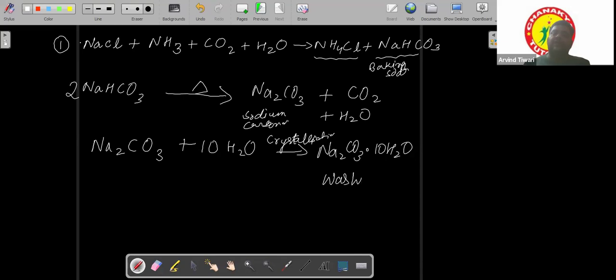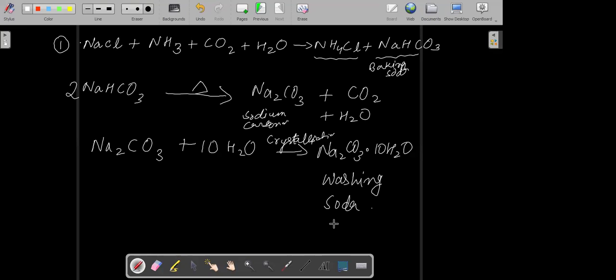So finally, we are getting washing soda after writing down these three reactions. I think up to now, this is the biggest chain of equations that you have studied. Yes, sir.